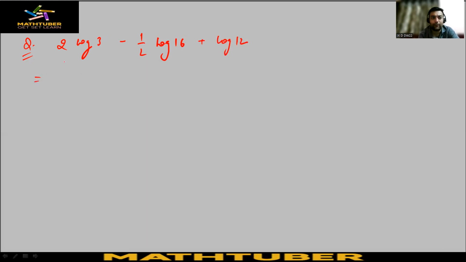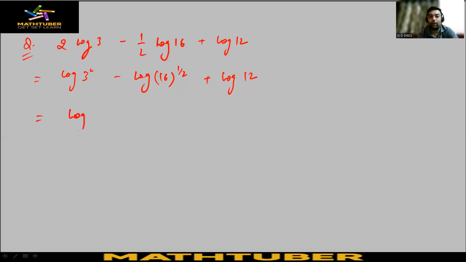Again, you have to do the same thing. You have to take these to the powers, so it will become 3 square minus log of 16 raised to power 1 by 2 plus log of 12, right?